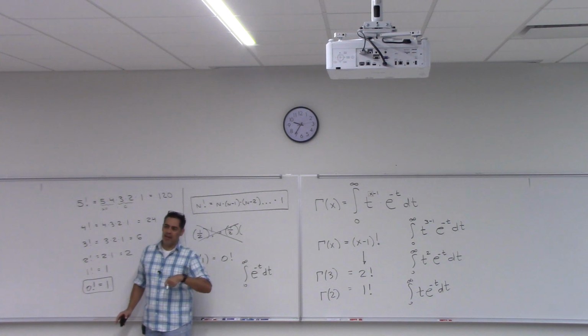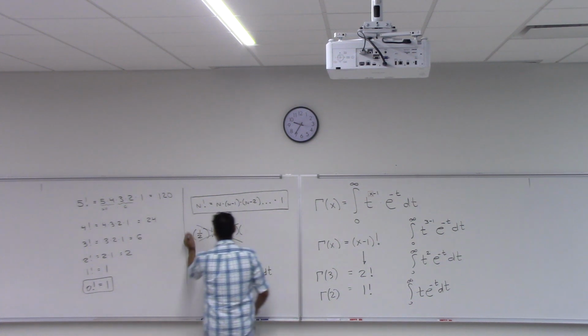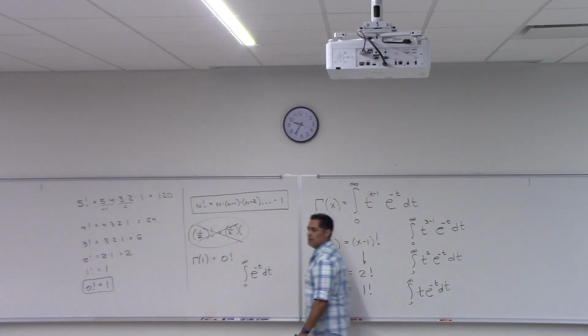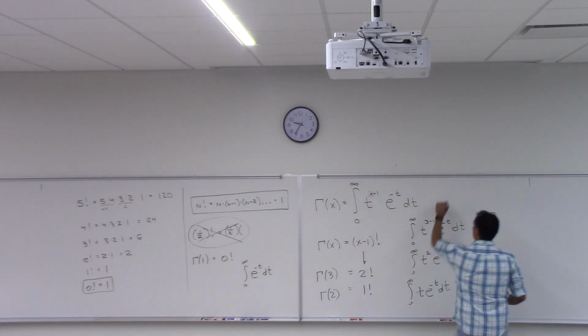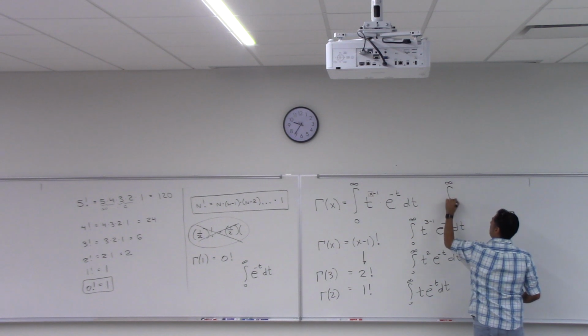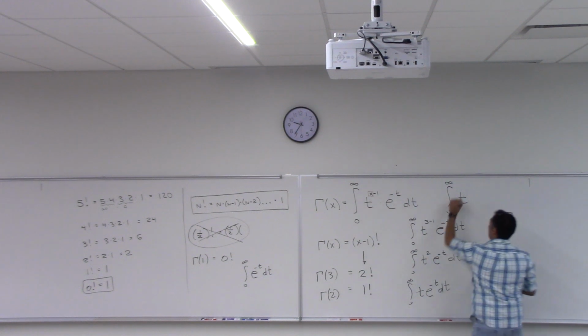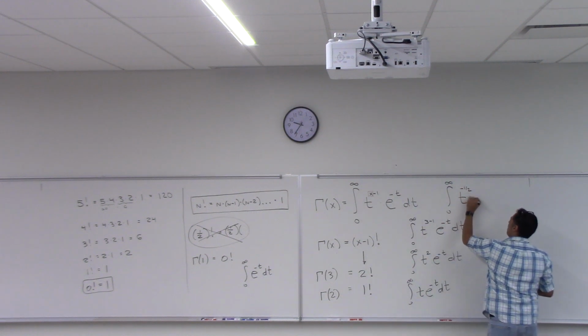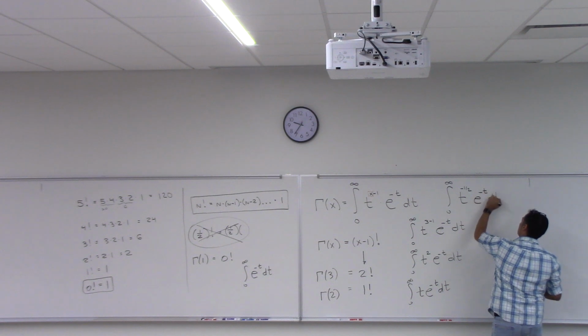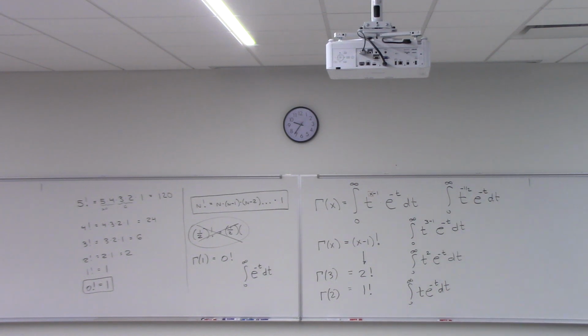Now, the great thing about gamma is now you can actually do fractions. So remember this? We didn't know what it was. But we could do it here. It would be integral 0 to infinity t to the, plug in 1/2 right here. 1/2 take away 1? Negative 1/2. And then e to the negative t dt.